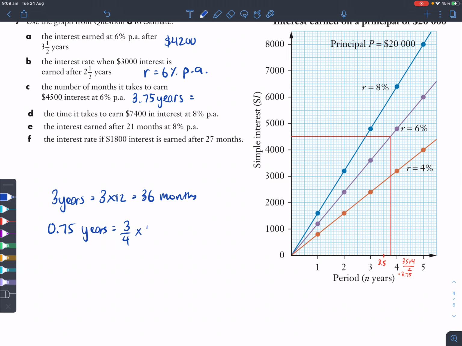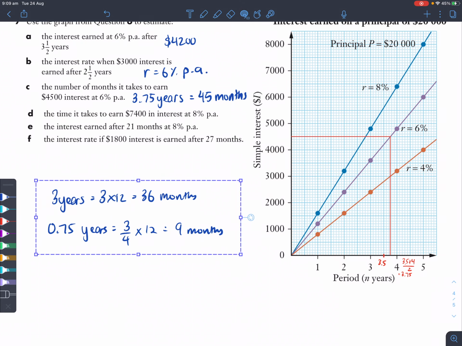So 3/4 of 12 would equal 9 months. Added together, that becomes 45 months. Or alternatively, you can just multiply by 12 on the calculator and get that straight away. And that's 45 months.